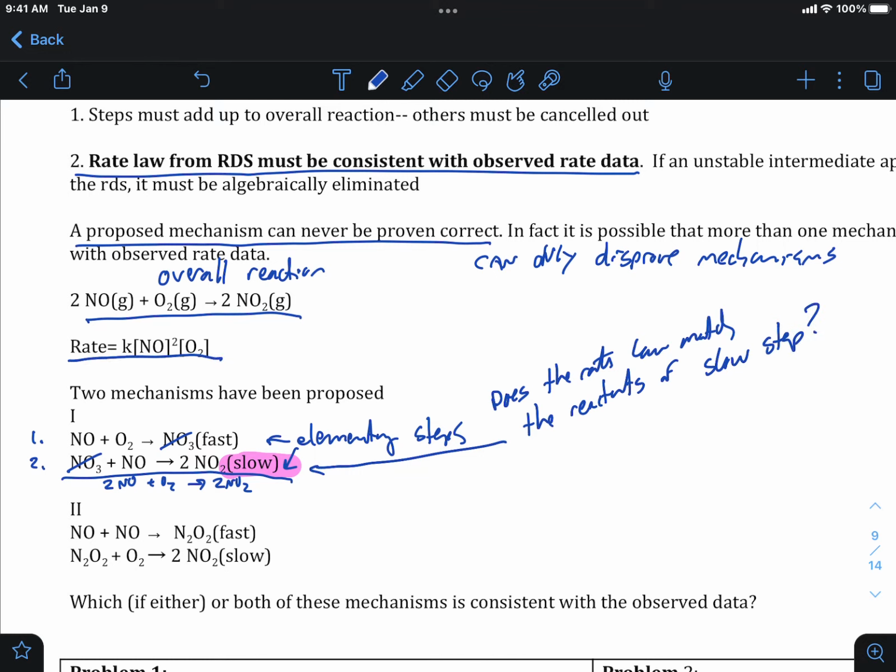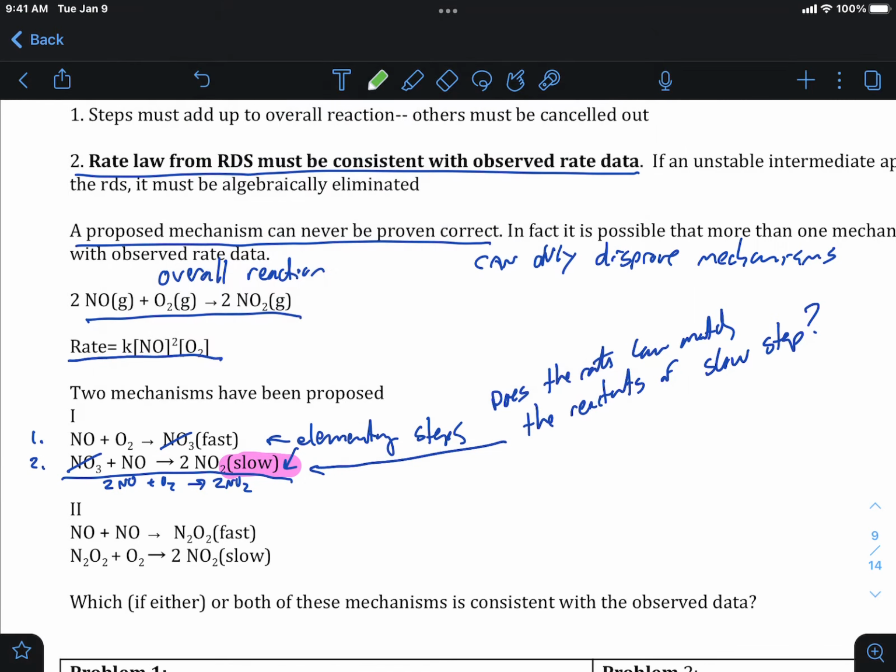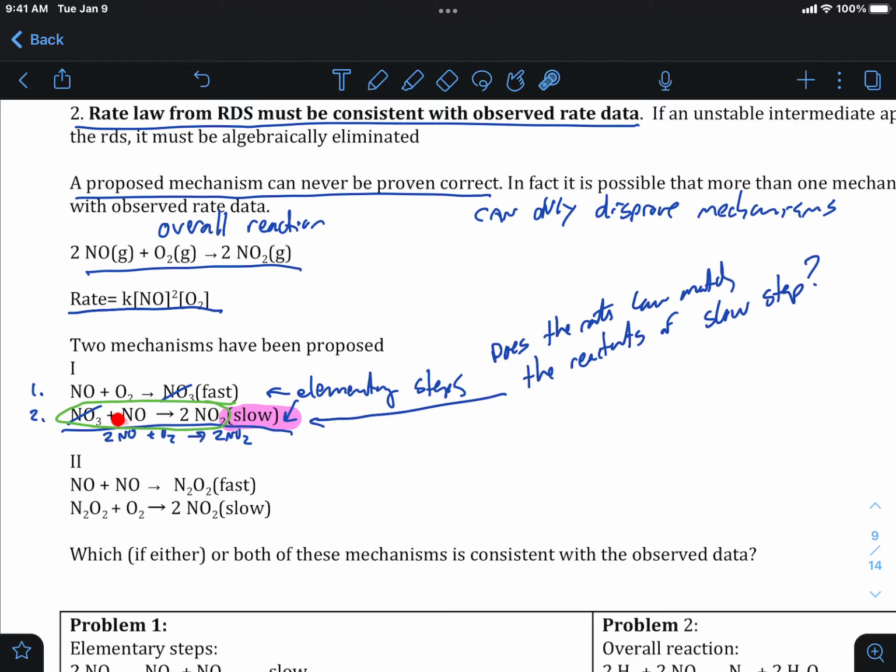Our rate law says the rate is equal to K times NO squared times O2. Okay, so if we look only at our slow step right here, we have NO3 reacting with NO. All right, so it doesn't look like it matches just yet.